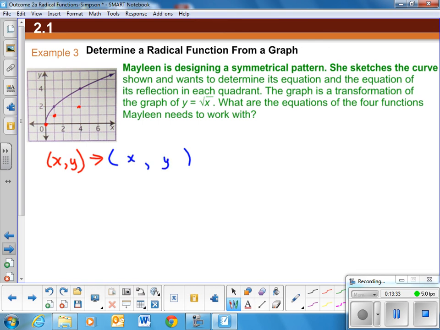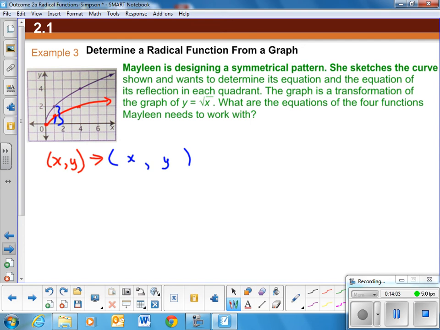Because the point (0, 0) is in both graphs, it's the start of our graph and it hasn't been moved, which means that we're not adding or subtracting anything to the y values. That means that the blue graph is formed by a stretch of y equals root x. If we look at the distance here versus the distance to here, we can see that it's twice as tall.